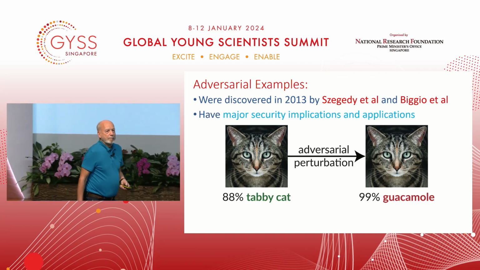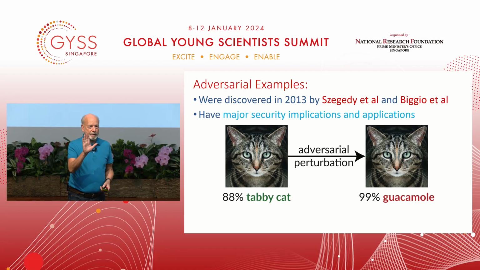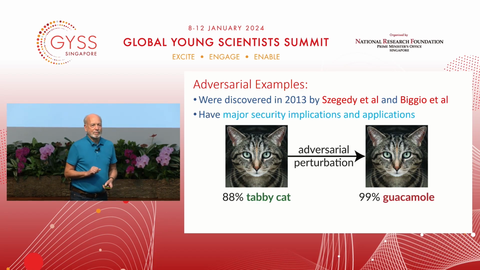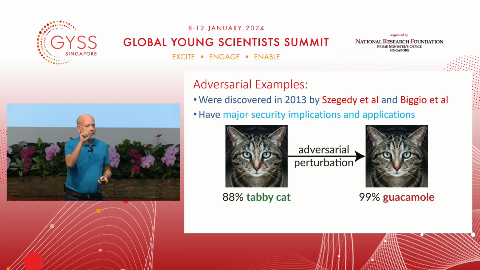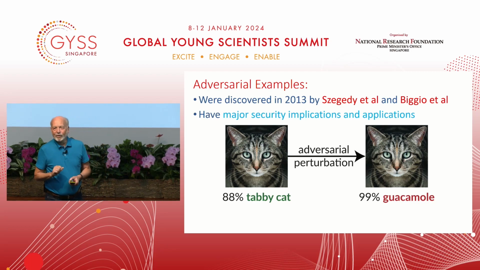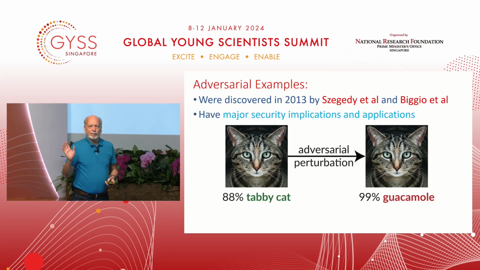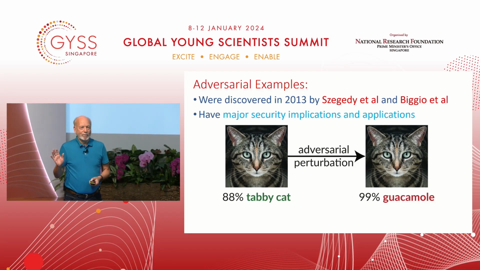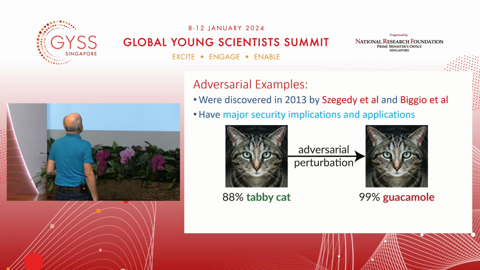For example, people showed that if you take a road sign, say a stop sign, and you want to confuse a Tesla auto-driving car, you just put a few, 2 or 3 small black and white stickers in particularly chosen locations on the traffic sign, and suddenly it will recognize it as a 45 mile per hour zone, and it will not stop at that intersection. So it can be really dangerous.